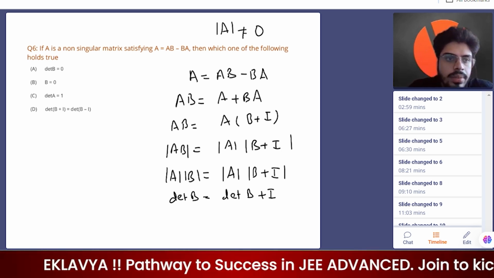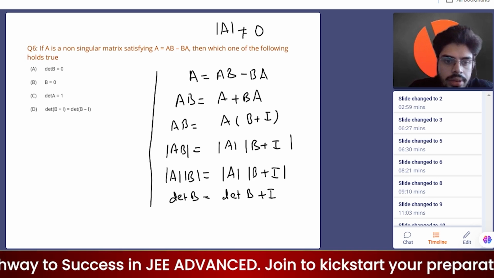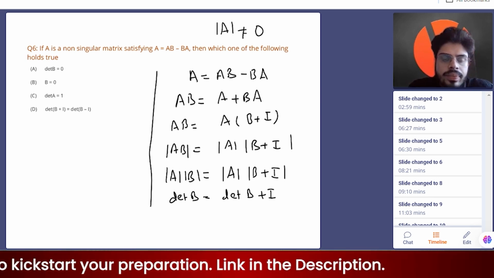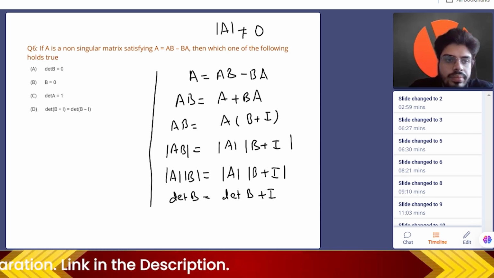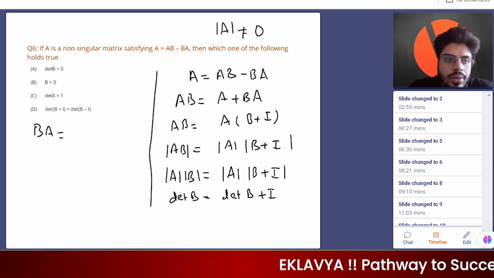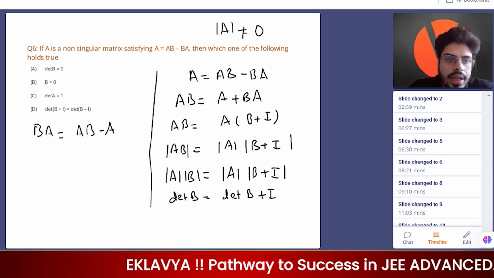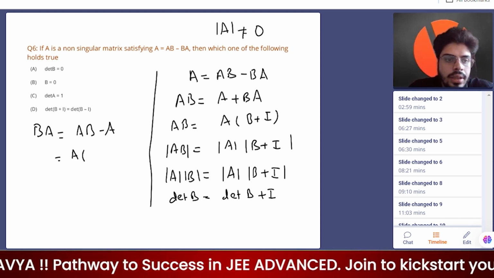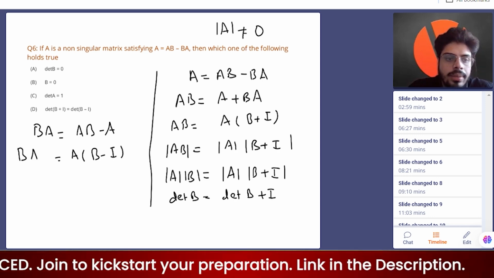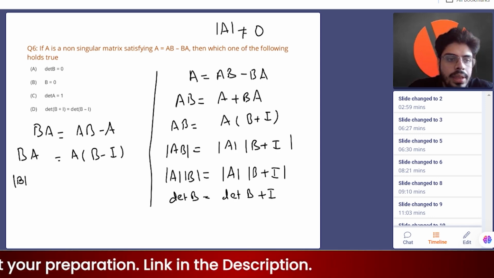Now the same thing we'll do again. Let us take BA to the left hand side and A to the right hand side. So here I'll take A common again: on the left, B minus I, and BA.